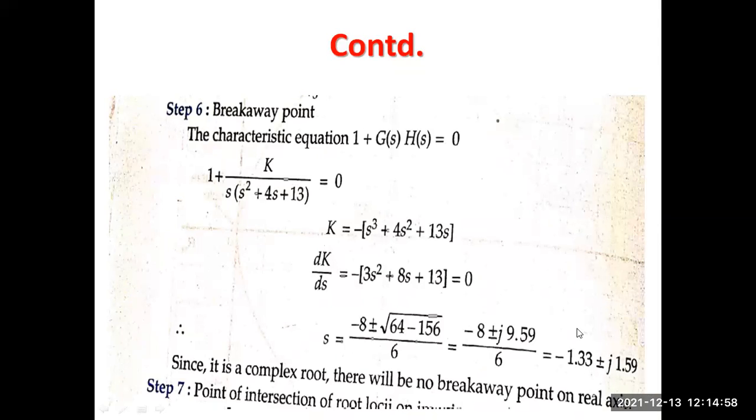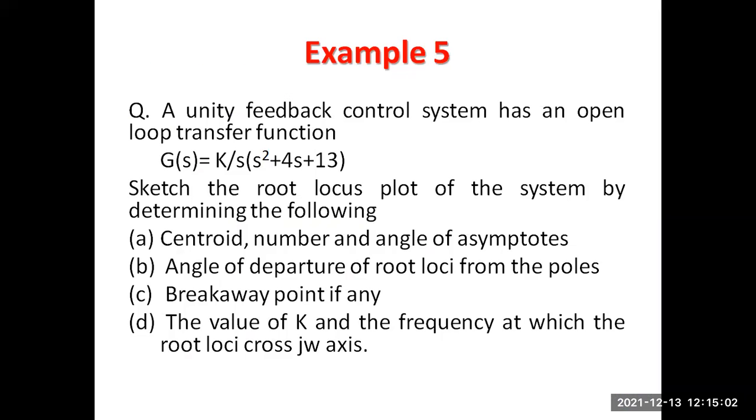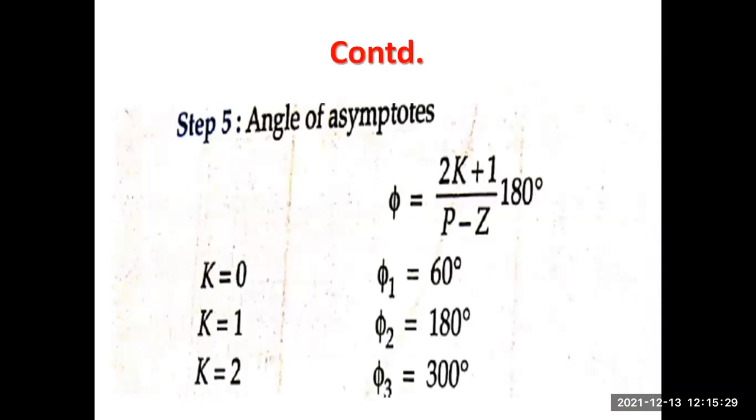Yes, sir. Okay. Then point of intersection with the imaginary axis, you calculate, and value of K for the system to be stable. I think you have understood. Sir, K 52. Okay. K equal to 52. And the frequency. Frequency 3.6 radian per second.